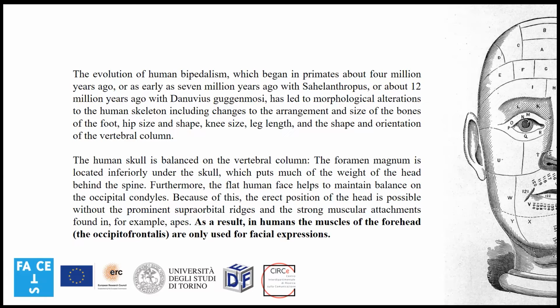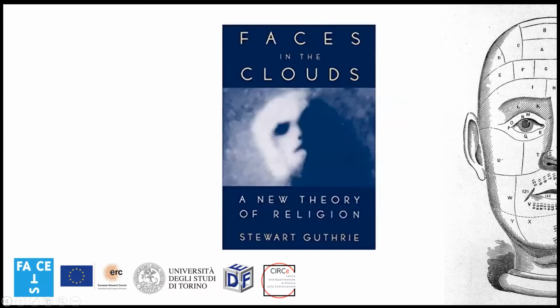So at the same moment in which we were able, as members of the species, to look at the clouds, we were also able to liberate the face from other functions and to use it as a screen in order to communicate with other beings. And then last stage, sorry.